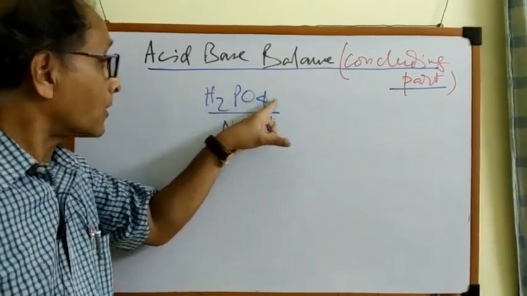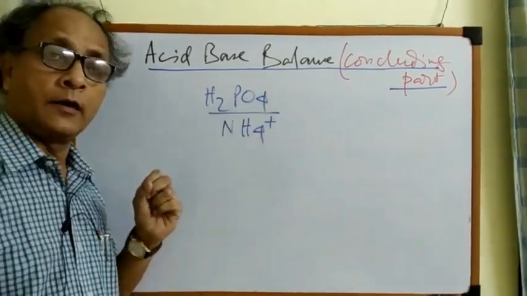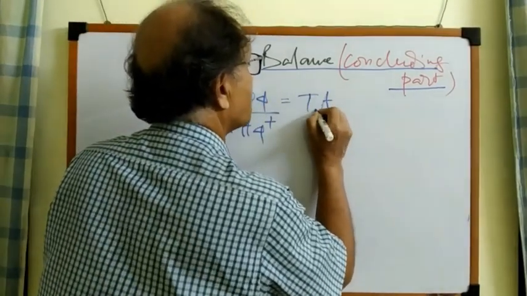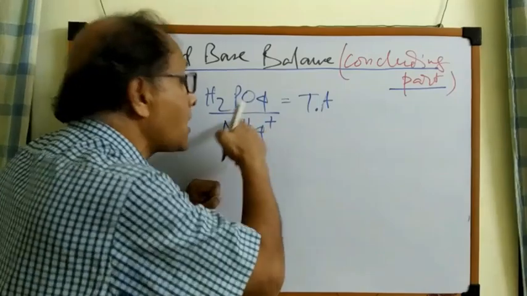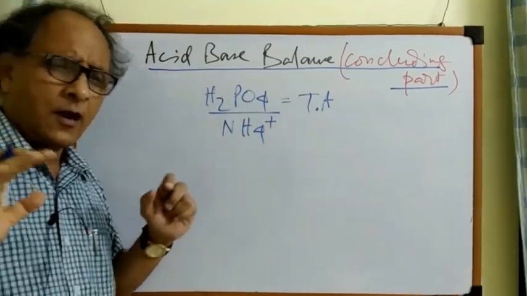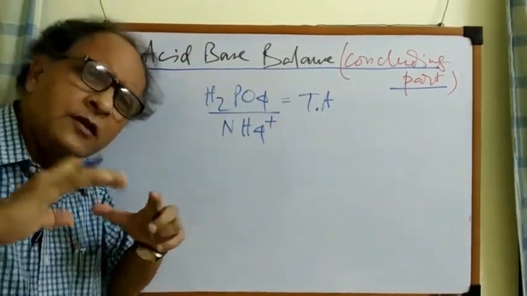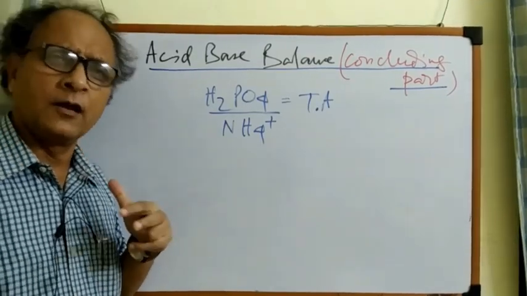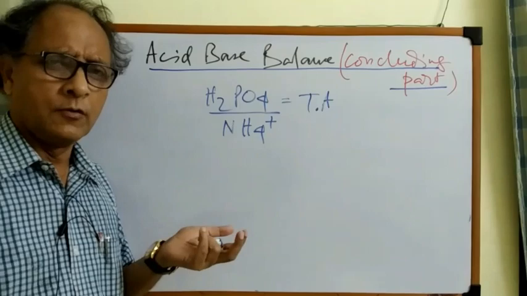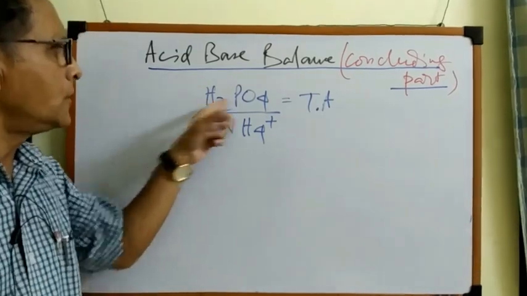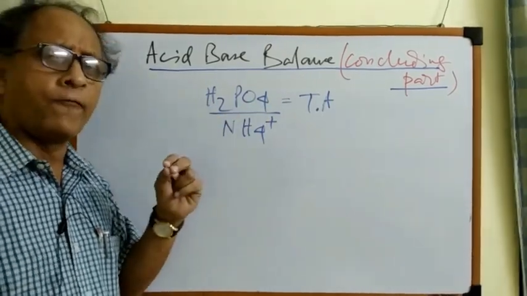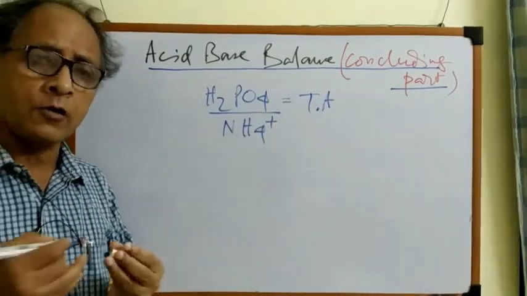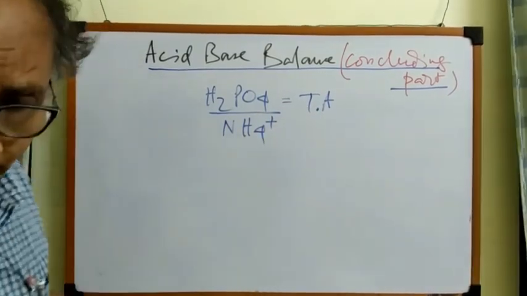So this H2PO4 is also known as titrable acidity, whereas this ammonium part is not titrable. Why is it not titrable? There is a detailed explanation with respect to physical chemistry, which we can do if you are interested. So this H2PO4 product in the urine is responsible for titrable acidity. So this is number 1.